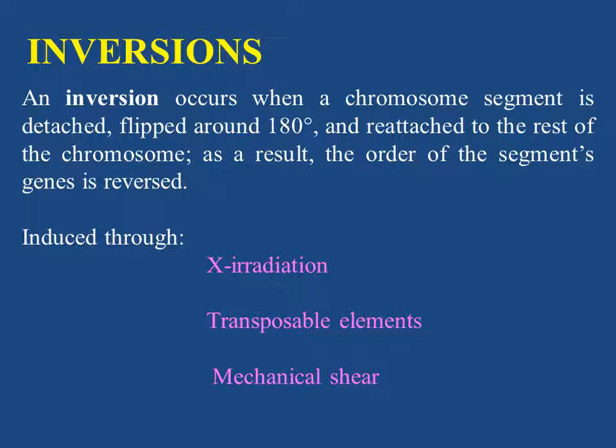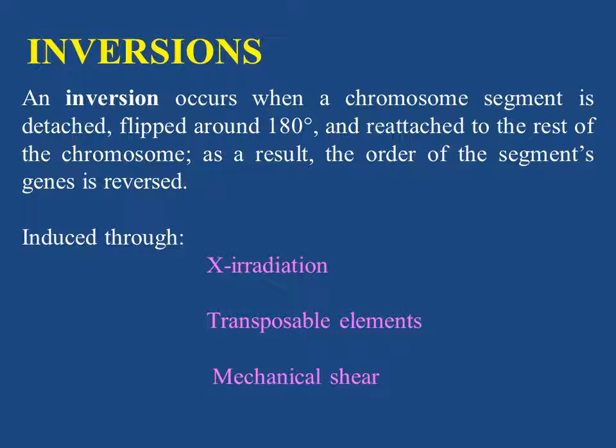As a result, the order of the genes in the segment is reversed, and this process is called inversion. This inversion is mechanically induced by the shearing of chromosomes, or one more factor which is responsible for inversion is transposable elements.